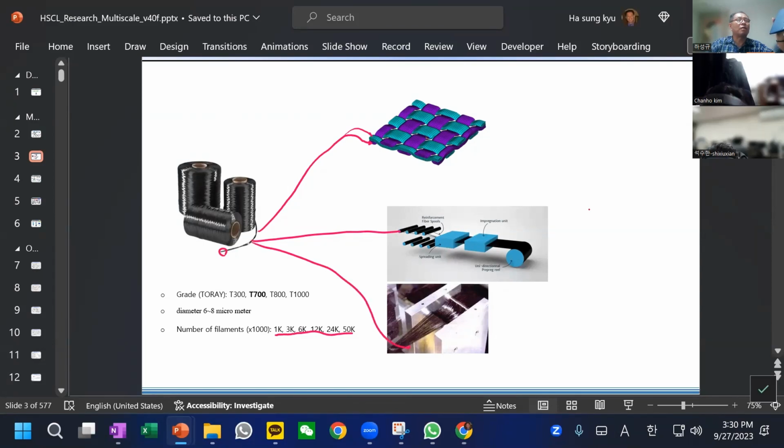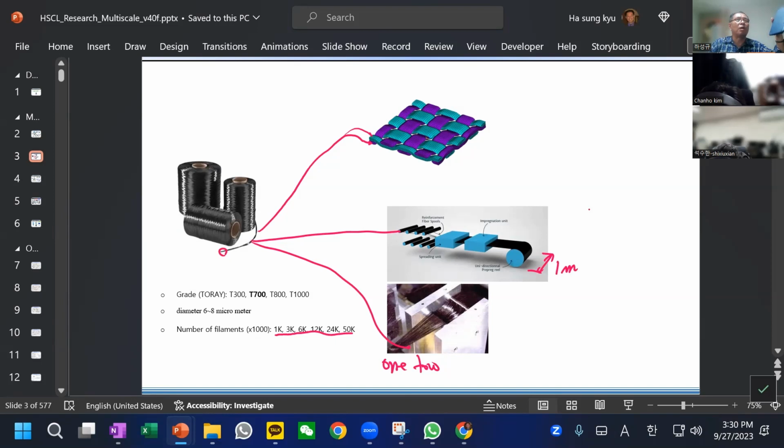One tow can be spread like that, or multiple bobbins can be spread to make large widths, such as 1 meter wide. Sometimes it is just one tow, or multiple tows will be spread. And imagine how this can be well spread.